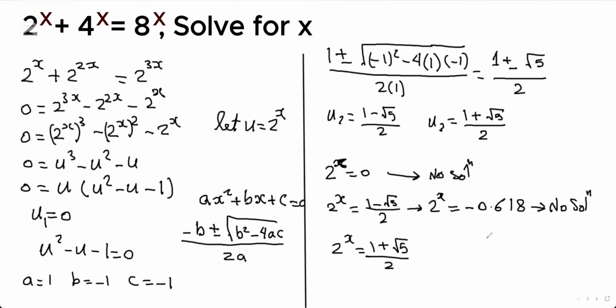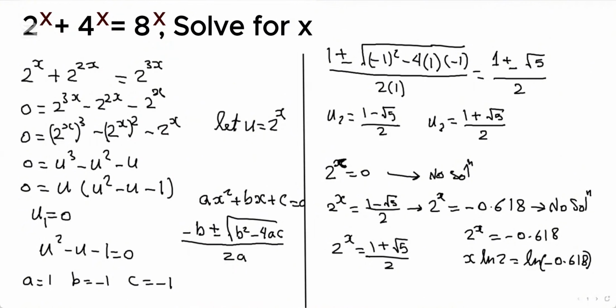So basically if I have 2 to the power of x equals negative 0.618, and I want to solve for x, I have to ln both sides. So when I ln 2 to the power of x, I get x ln 2 equals ln negative 0.618. And we know we could never ln a negative number. So that's why there's no solution. So that's basically where that came from.